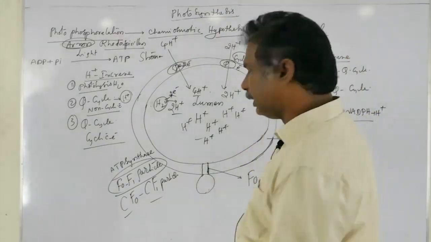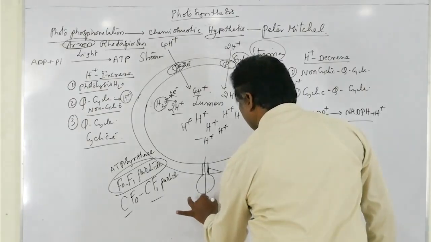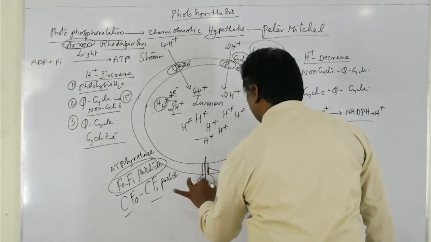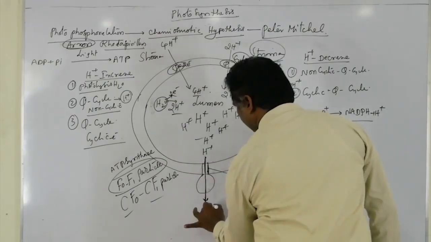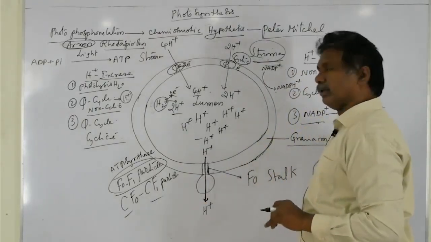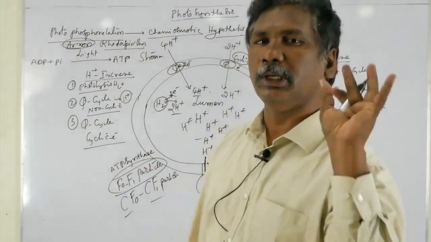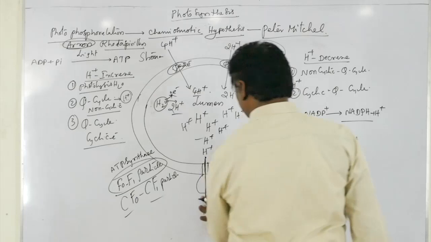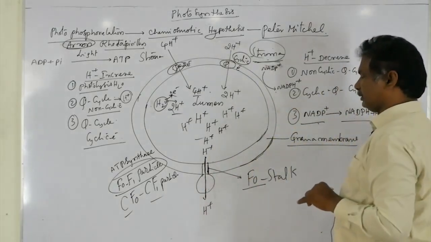It is helpful for the translocation of the protons from lumen to the stroma. So this happens mainly with the help of F0.